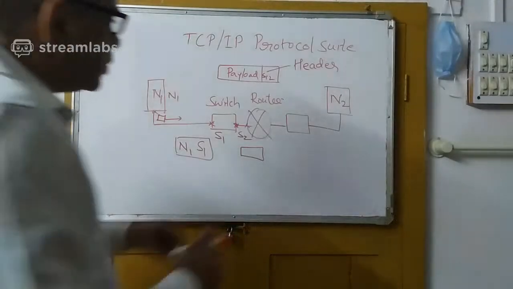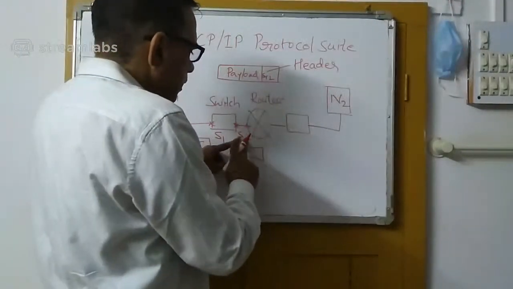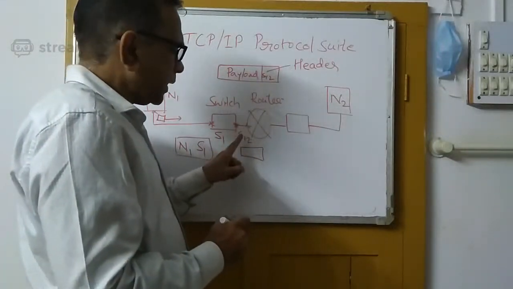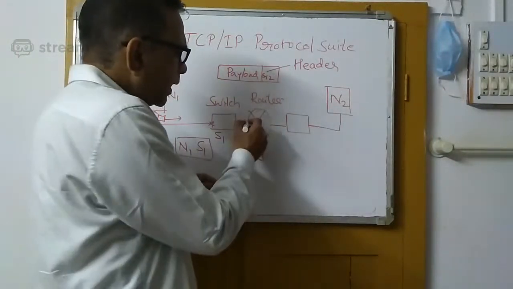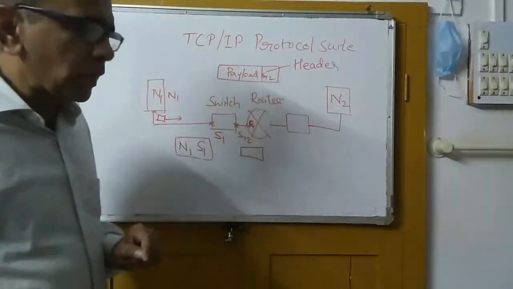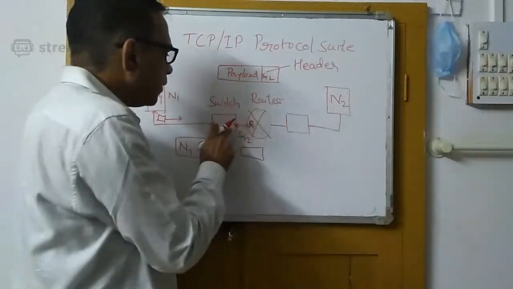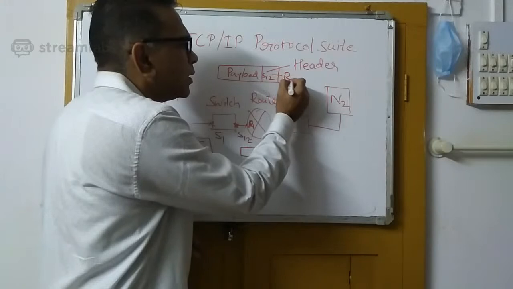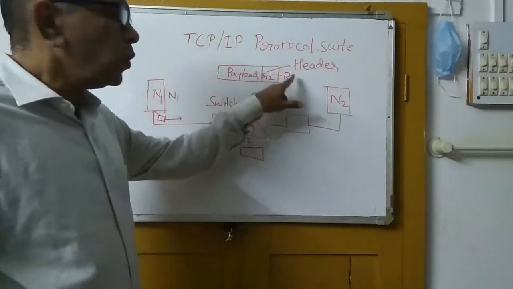So this is S12, the physical address of this interface, and the physical address of this one I am going to call R1. When a frame moves from this switch to this router, the physical address gets changed to S12 and R1.